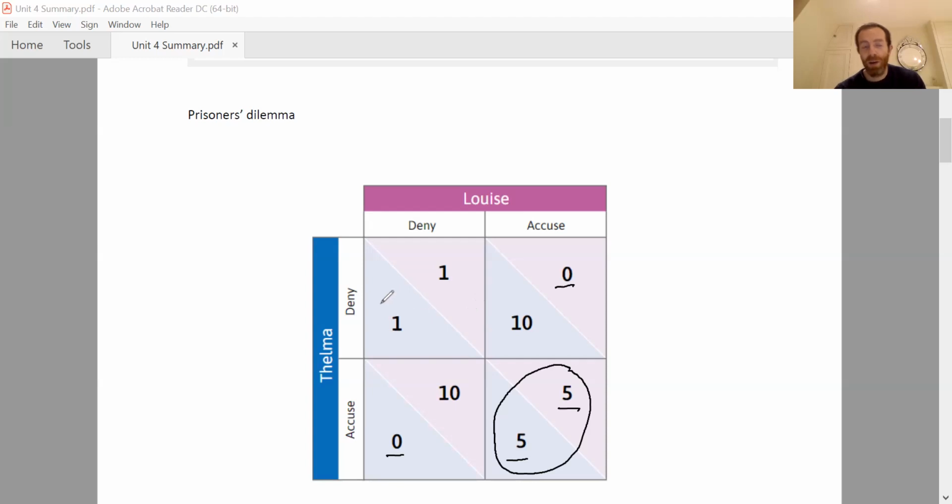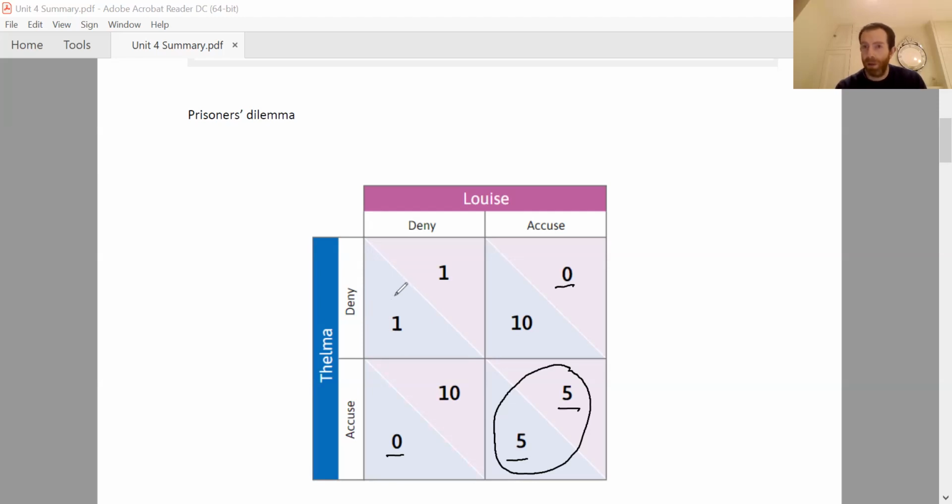So if I'm Thelma and I think, okay, if I go with deny, then I'll only get 1 year in prison. But I'm slightly worried because if Louise knows that I'm going to play deny, she might play accuse because then she would get less. And then I'd end up with 10 years. So that scares Thelma away from playing this deny strategy.